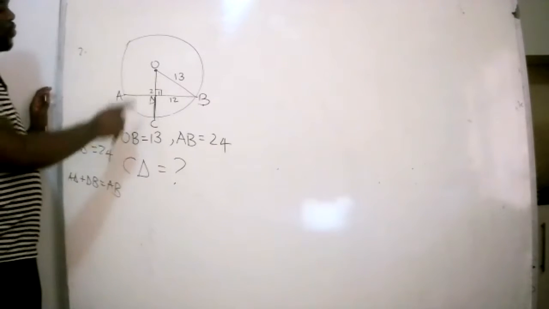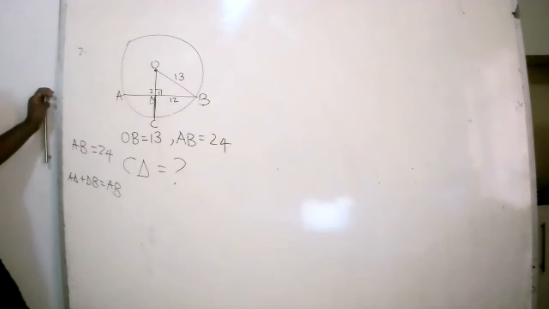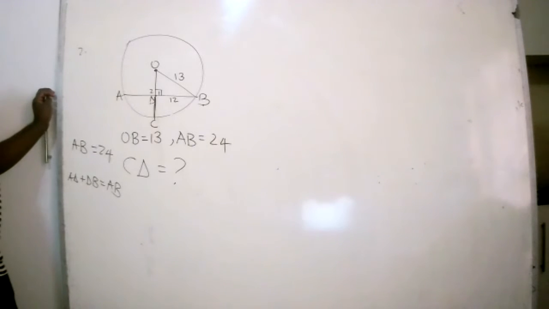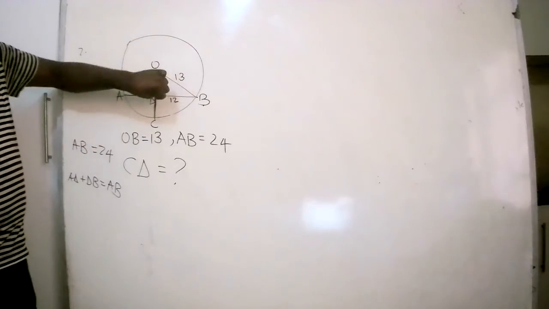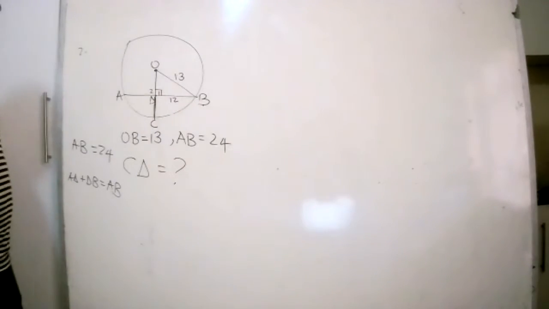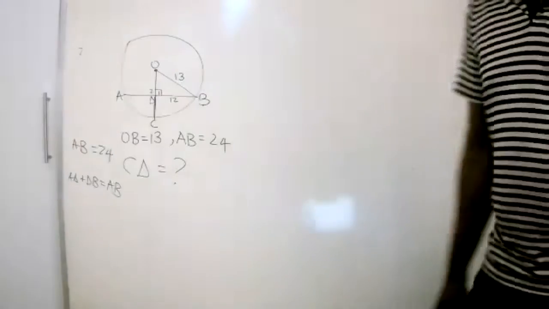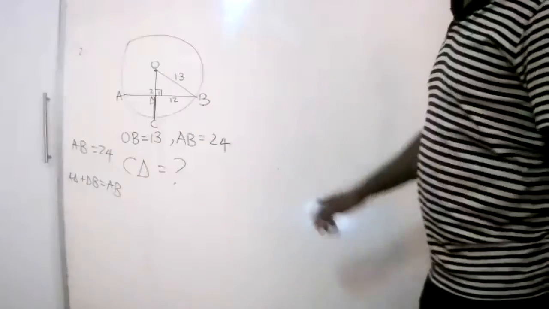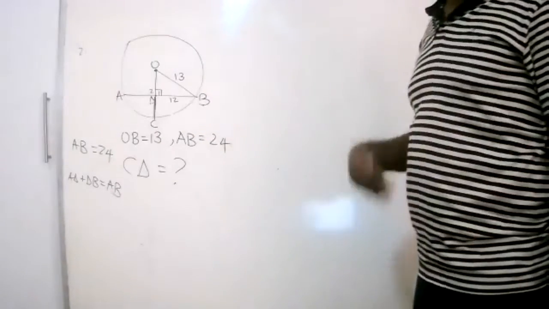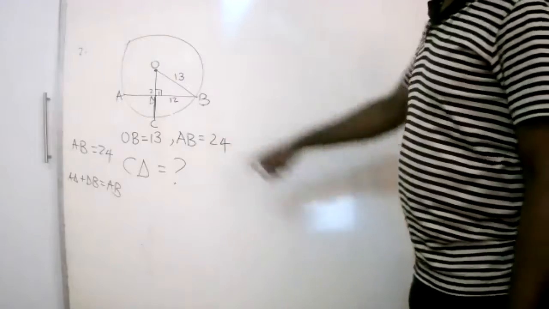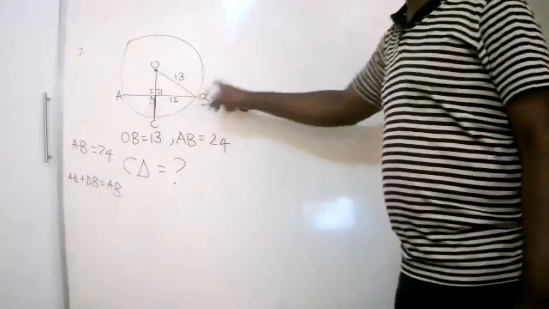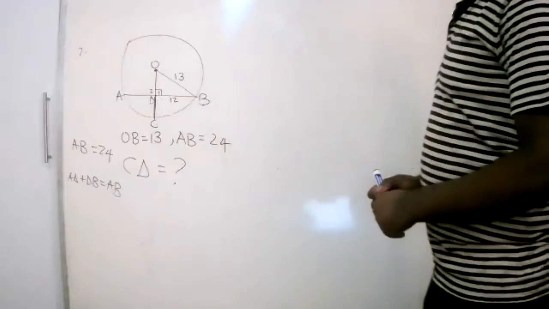What are we going to use to find this side? The theorem of Pythagoras. Can you construct the theorem of Pythagoras from this information we're given here? Let's construct the Pythagoras, not using X, not using Y, not using R. Let's use this triangle ODB. Can you construct for me?